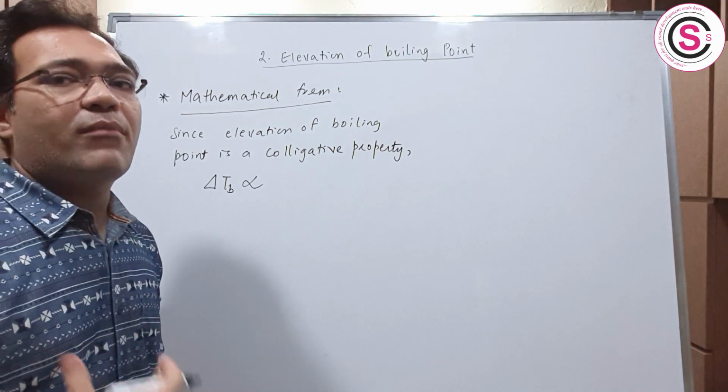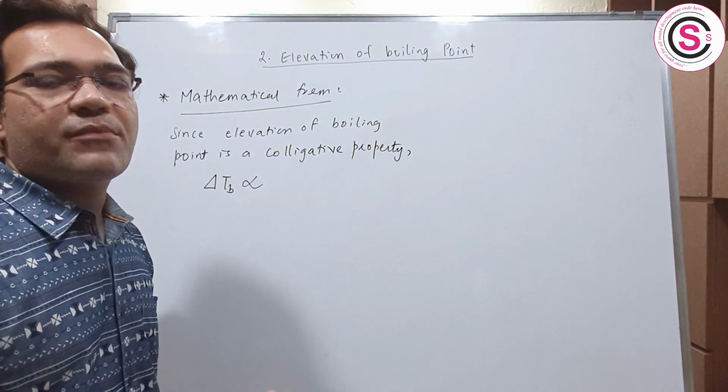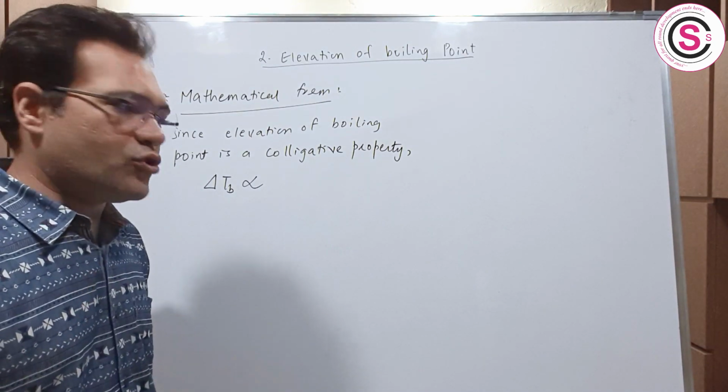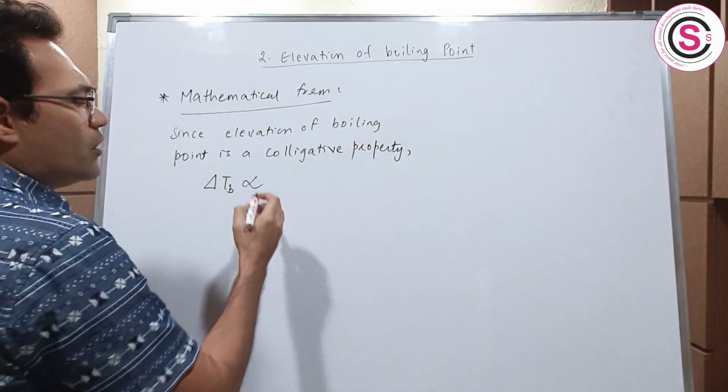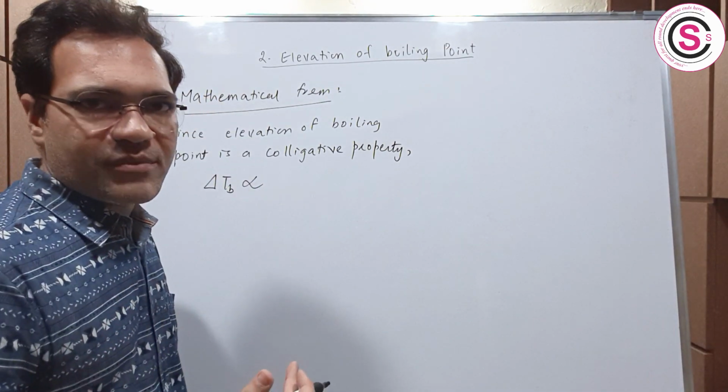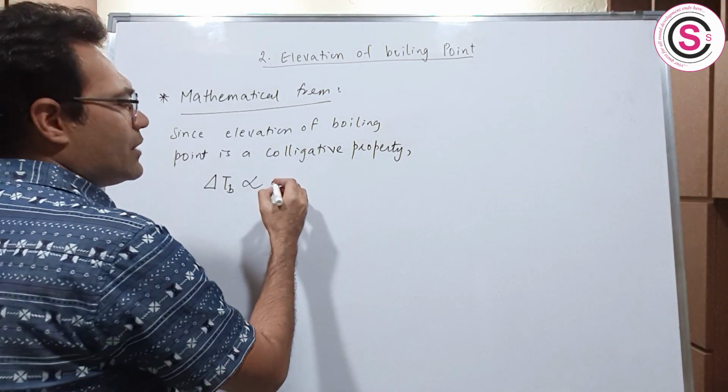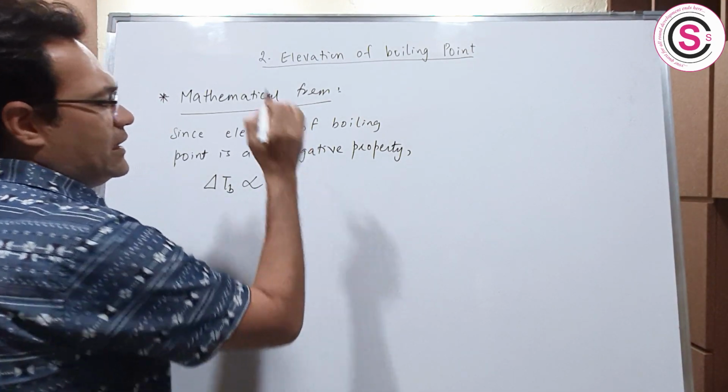Because colligative property means the properties which depend upon the concentration of solution and nothing else, right? So here there are so many concentration terms. So here the concentration term that I will use is molality.